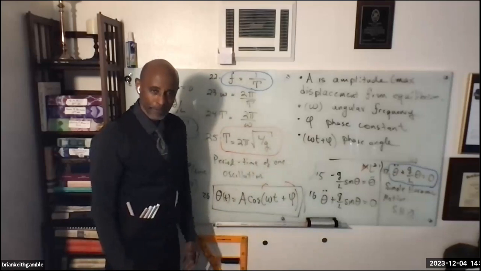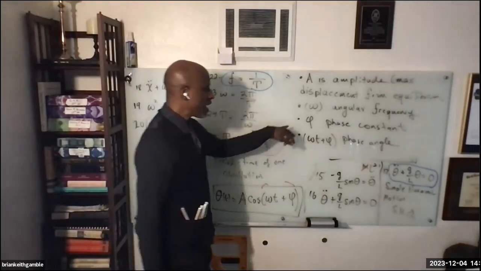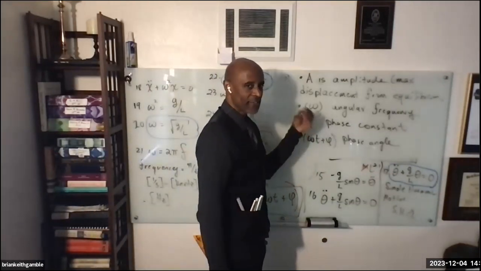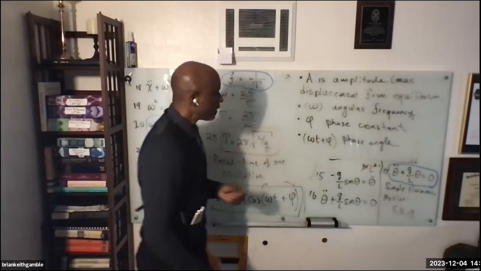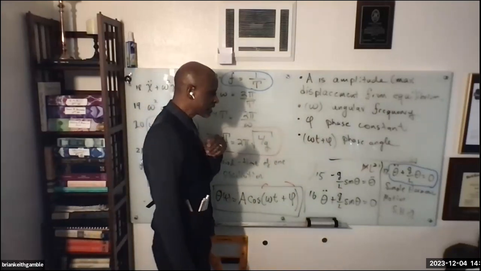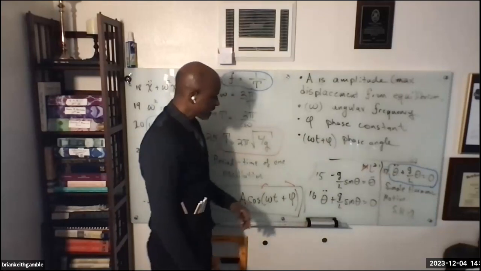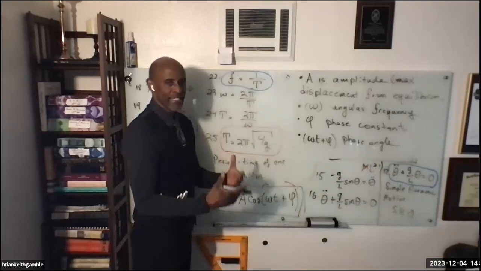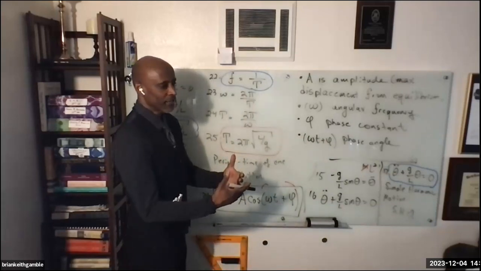I don't know what it would be. And so that's what a phase constant is, the thing that defines the difference between waving or oscillating objects.